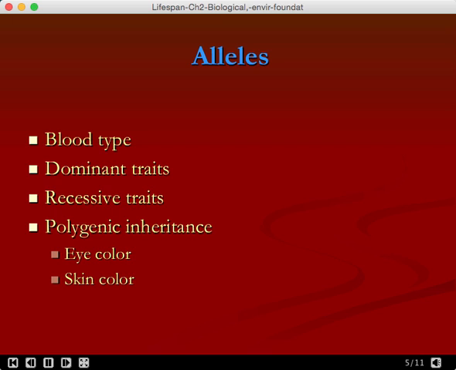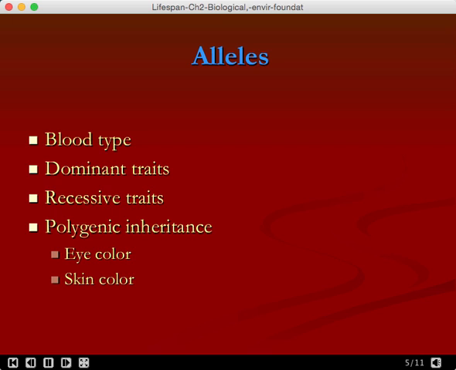Alternate forms of genes for the same trait are called alleles. The alleles for blood type are A, B, and O. Blood type gene is found on chromosome number 9. Some alleles are dominant, some are recessive.